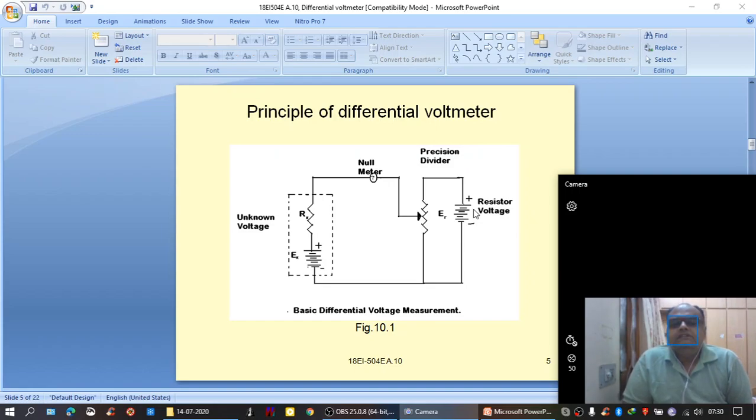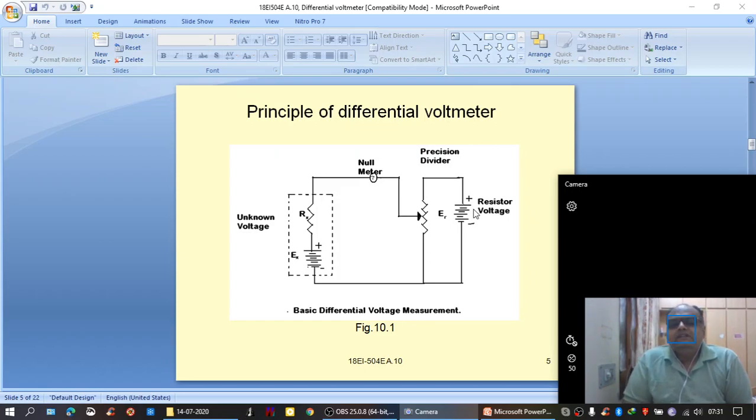It is shown on the left side, the dotted block, unknown voltage, that is a portion of the network where we want to measure the voltage. The internal resistance also is shown because the portion of the network is basically a resistor or any other combination of components exhibiting some resistance across which we need to measure the voltage.